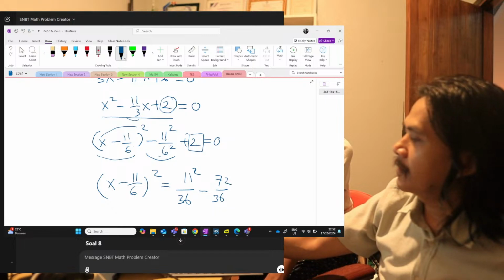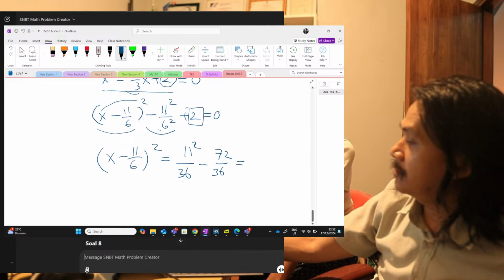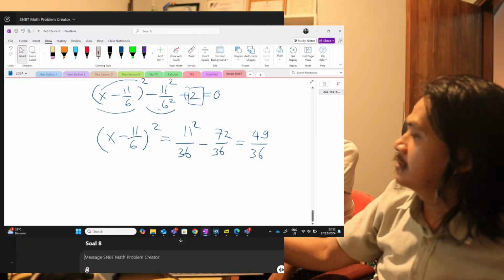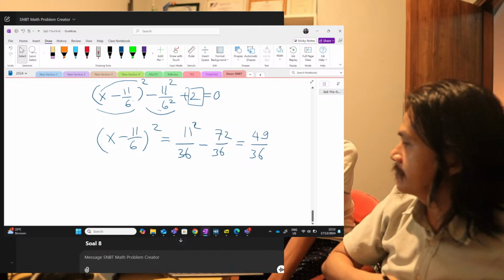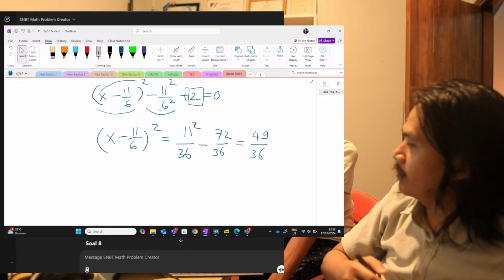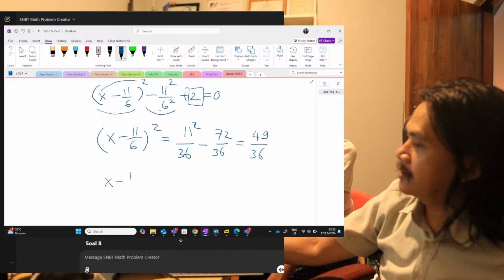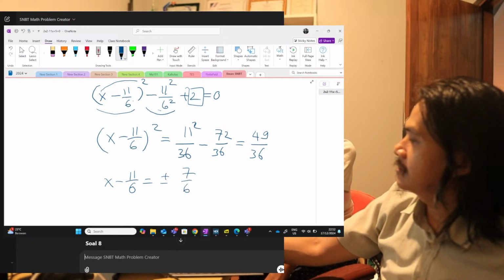Plus 2. 121 minus 72 is 49. Yeah, it's actually good. So x minus 11 over 6 will be plus minus square root of that, but that's a good number. That's 7 over 6.